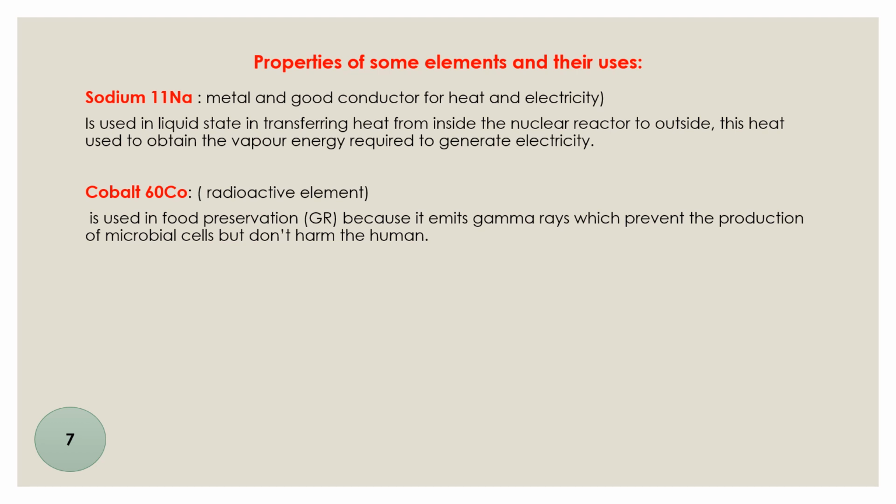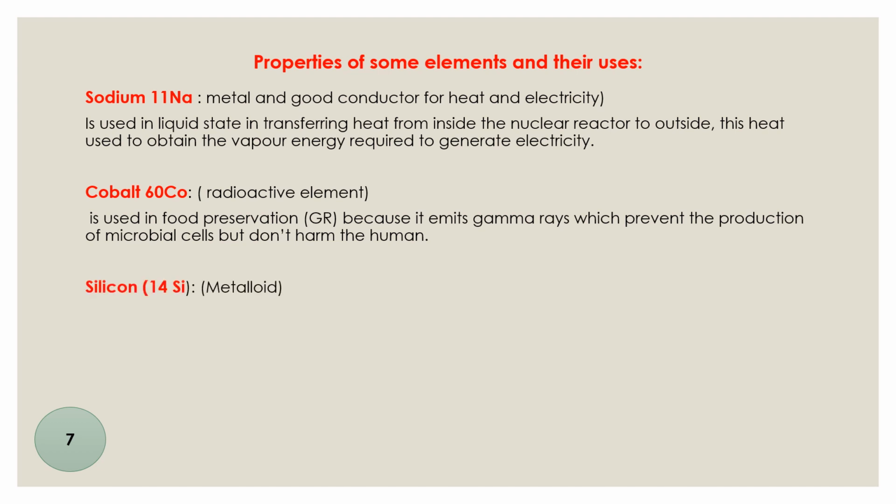How? By using cobalt 60. Why do we use it? Because it emits gamma rays that prevent the reproduction of microbial cells, but don't harm the human.